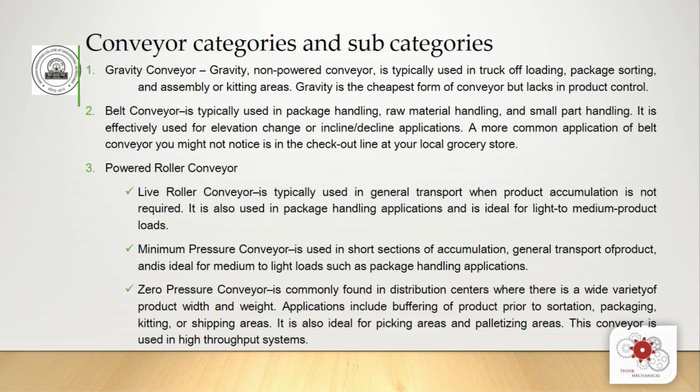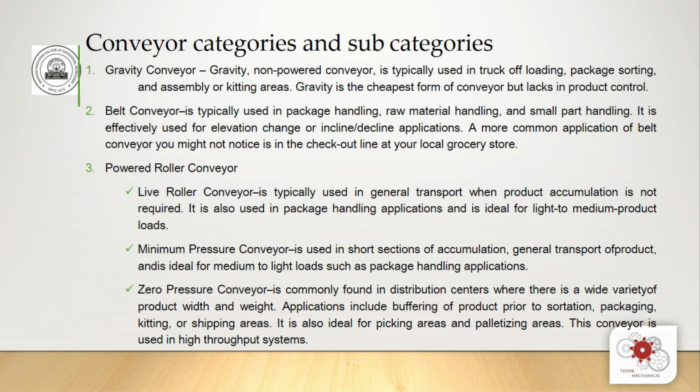A more common application of belt conveyor which we can notice is at the checkout line at the grocery store, or if you are traveling by plane, then we can see that at airports there are belt conveyors to carry your luggage after scanning at the counter. Powered roller conveyor. So again there are three types of powered roller conveyors. First one is live roller conveyor, which is typically used in general transport when product accumulation is not required.